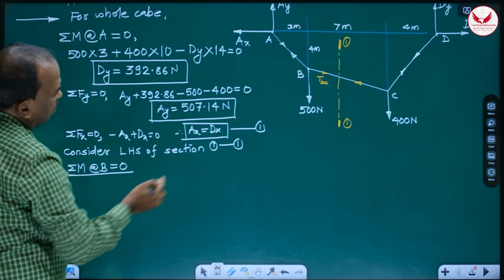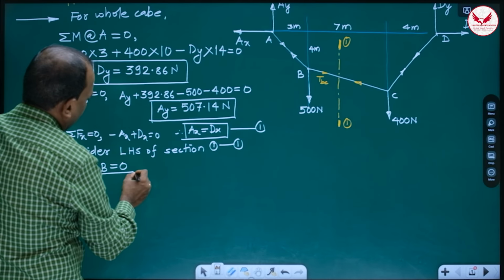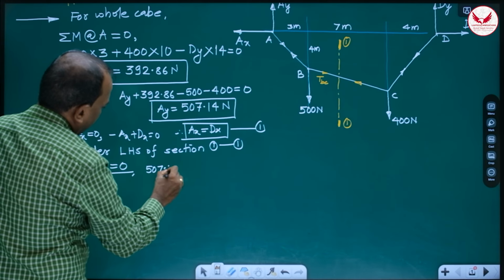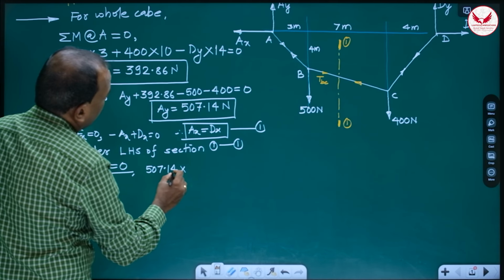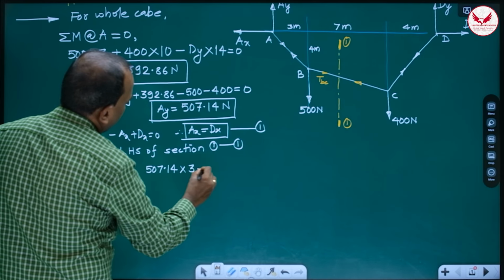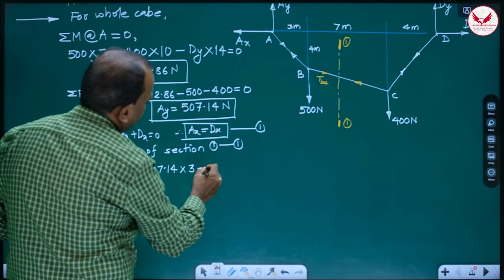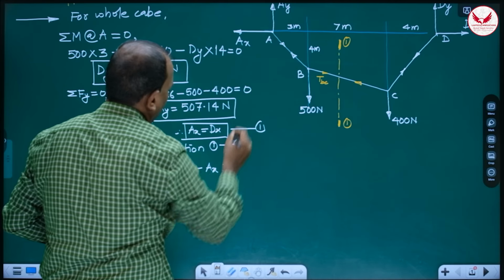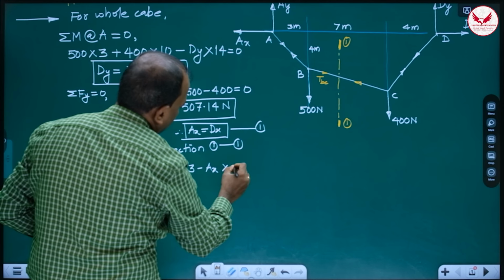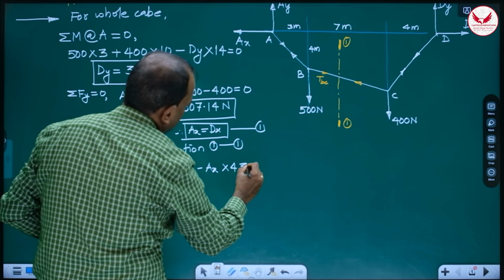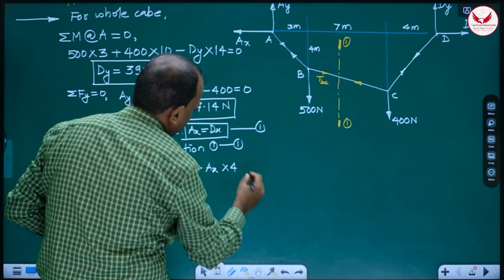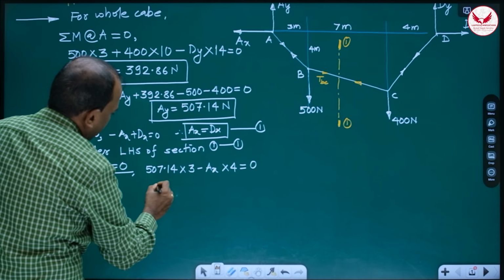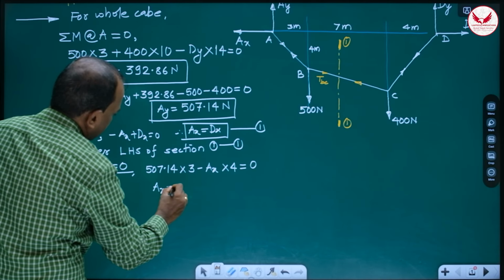The moment of AY is known: 507.14 into 3, minus the moment of AX anti-clockwise, AX into this sag, which is known. Now see the use of that sag, 4, it is equal to 0, and by this we'll get AX.